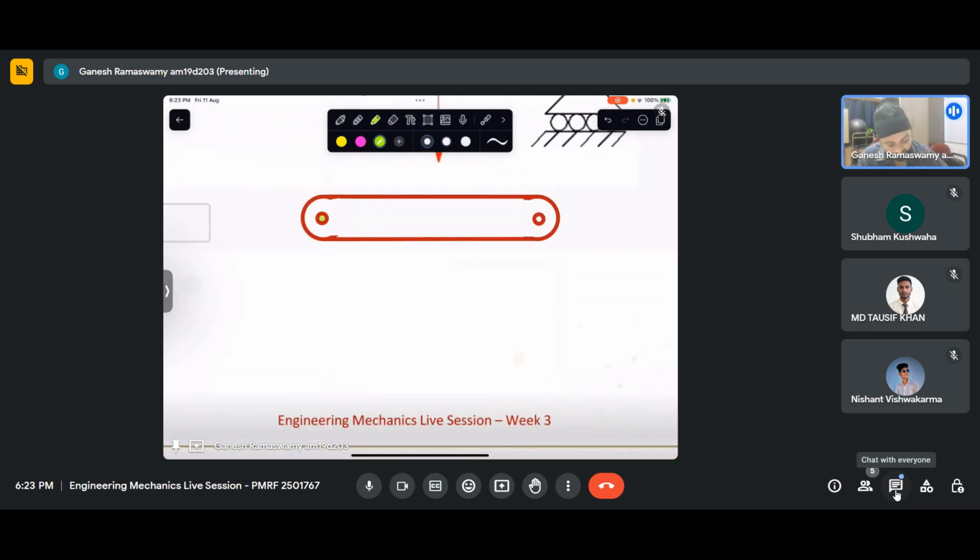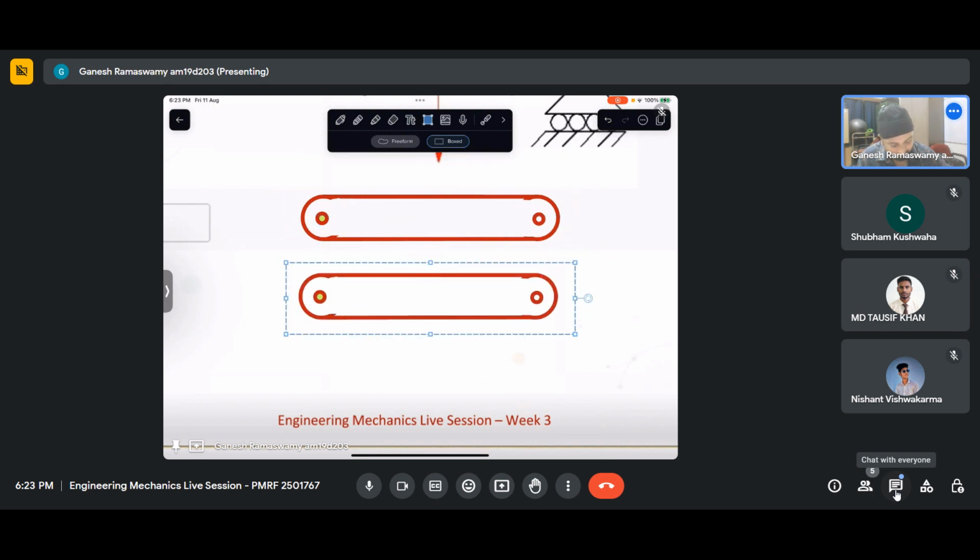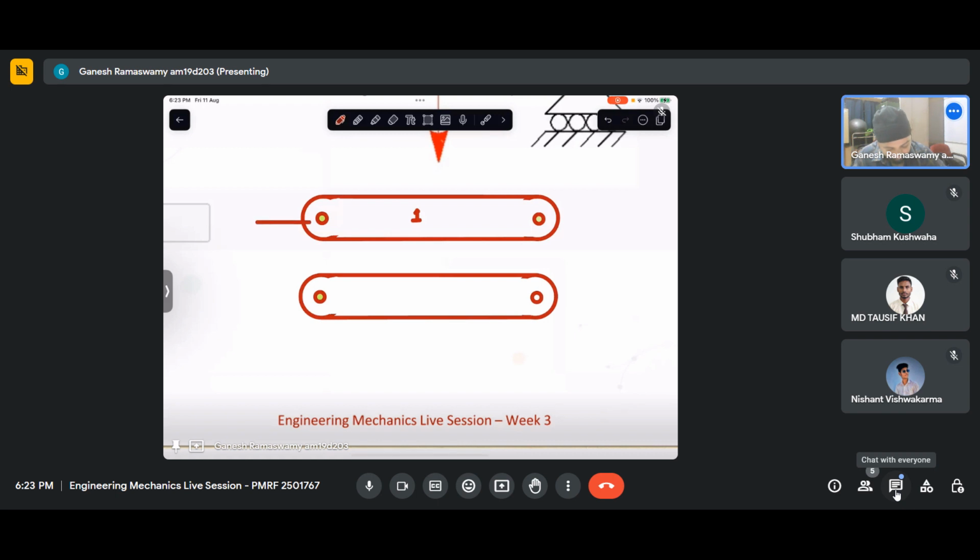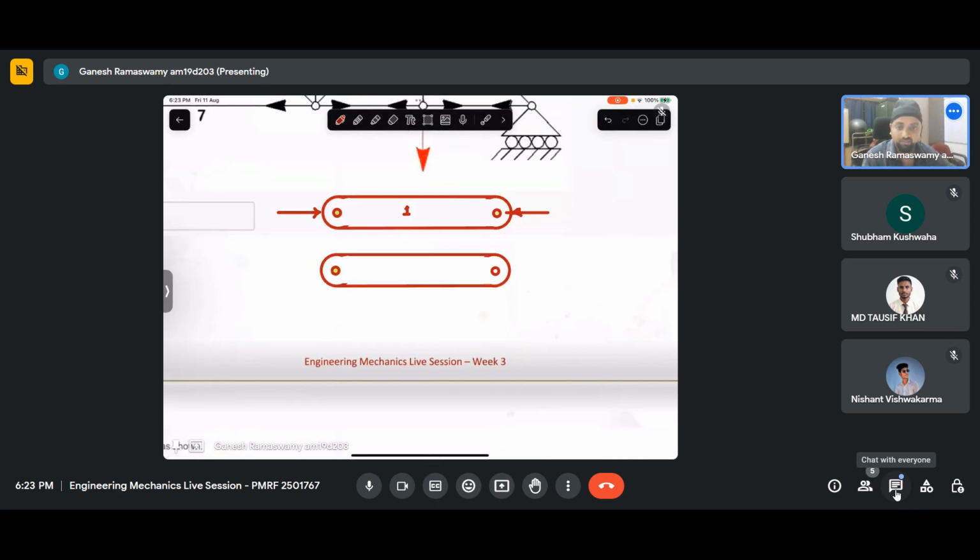So what I'll do next is I'll separate out the pin. Initially, let us say that this member 1 is in compression. So this is how it will look, that it is in compression. This is also explained in detail in the lecture, but anyway, I'll just go through this.